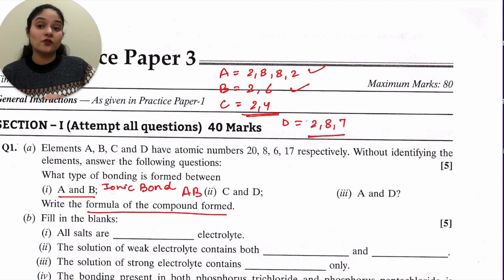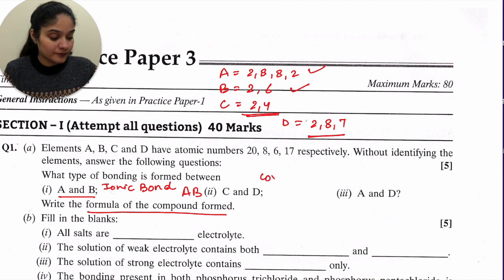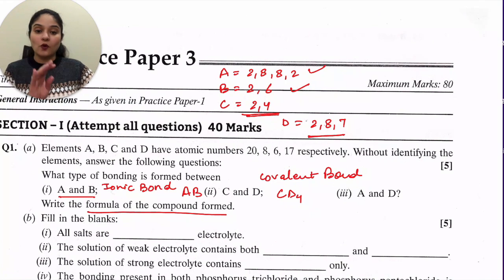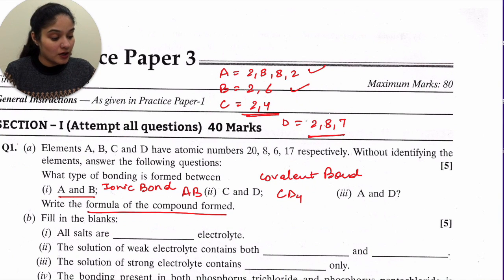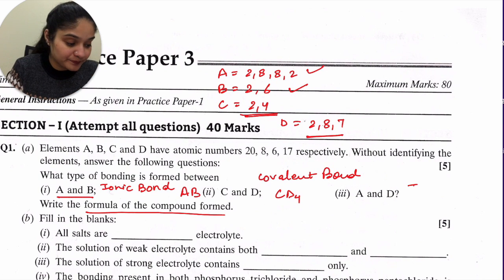This will form a covalent bond, and the formula would be CD4 because 4 D electrons would be shared. Then A and D. A is 2, 8, 8, 2, D is 2, 8, 7. So that will form AD2, an ionic bond.